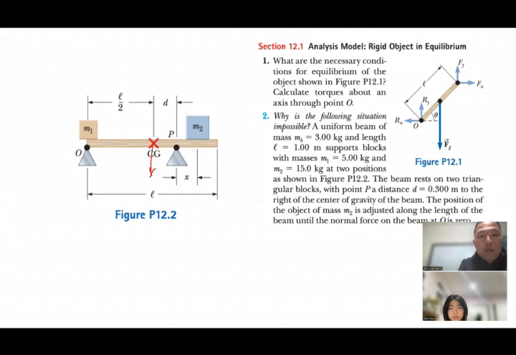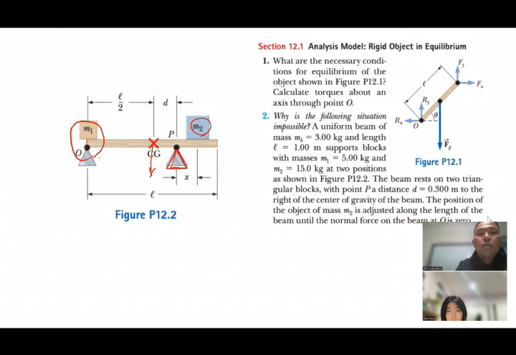M1 is at the end of this beam, and for M2, there's another triangle supporting this rod. There are two triangles, right? Just supporting this beam. And M2 is sitting on the other side of this beam. So the two masses are sitting there.